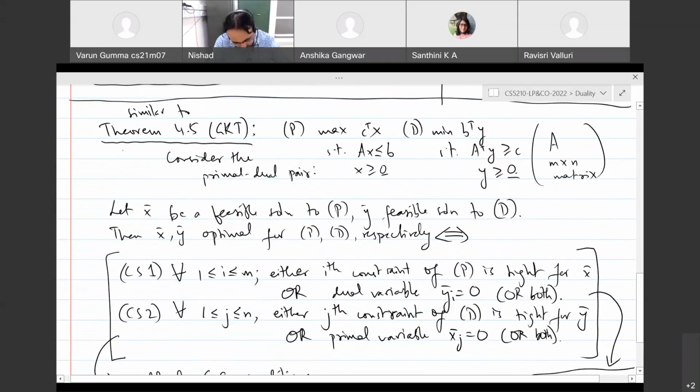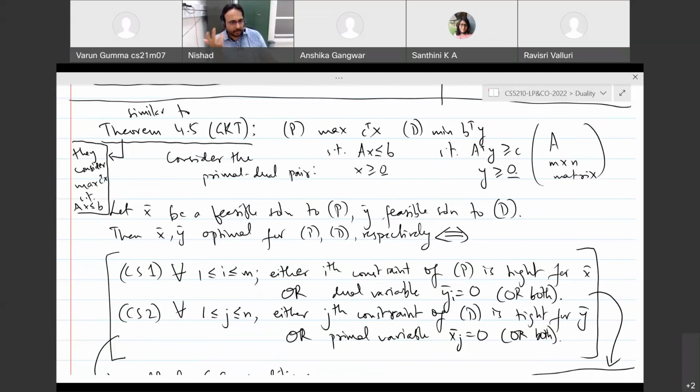In there, they consider a different form of LP: maximize C transpose X subject to AX less than or equal to B and X is a free variable. That is the form they consider in the text. I'm going to do it for this form because this form is more elaborate.